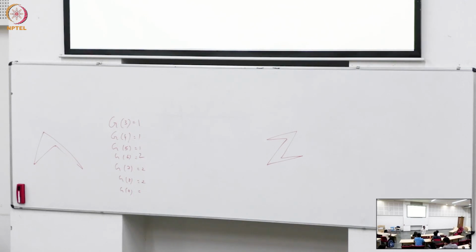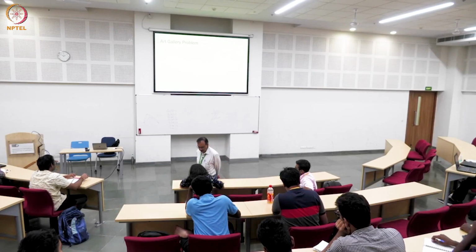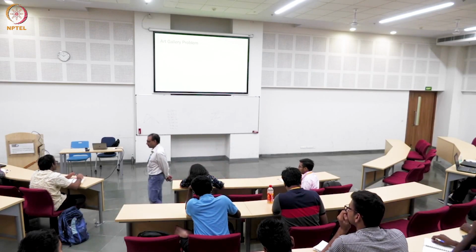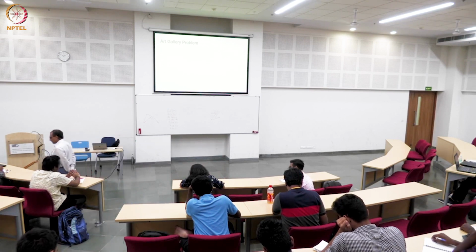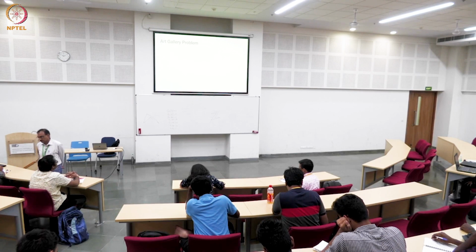In the way that you have drawn, 2 is sufficient. It's not necessary to put guards at vertices. If some vertices you think may require 3, maybe if you place it in other portions it may require 2. But are you sure that you require only 2? Nobody has found a polygon of 9 vertices that requires more than 2.